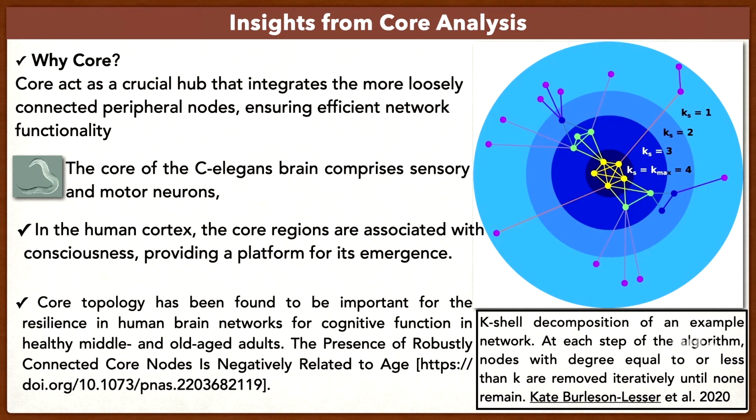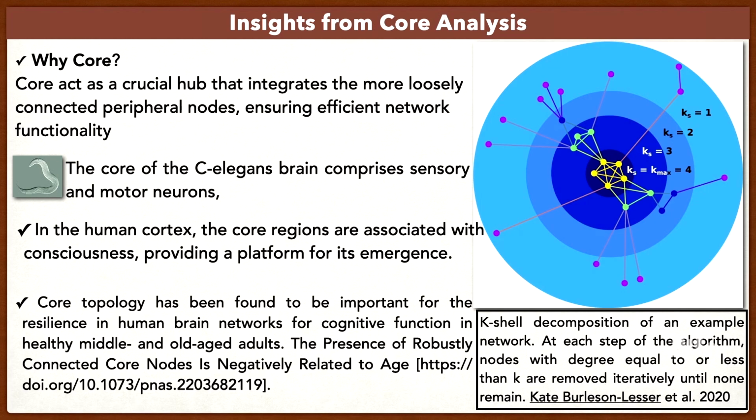It has been found from the study of the C. elegans network that the core comprises the sensory and the motor neurons. So maybe the sensory and the motor neurons are the most important neurons for C. elegans, and therefore they form the core, so that if there is any problem in the other system, it doesn't get affected, or somehow it is integrating most of the brain areas.